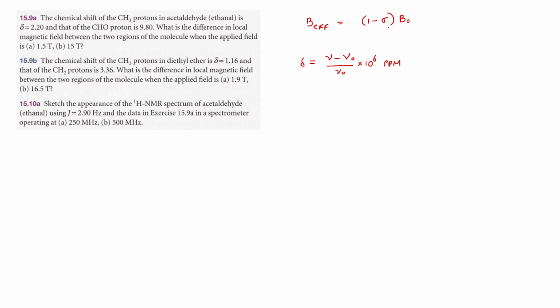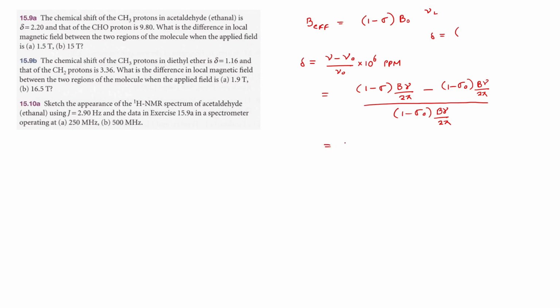Or you can also write in this term that effectively your nu L is, from this you can write, (1 minus sigma) beta gamma by 2 pi, right, minus (1 minus sigma 0) beta gamma by 2 pi, by (1 minus sigma 0) beta gamma by 2 pi.